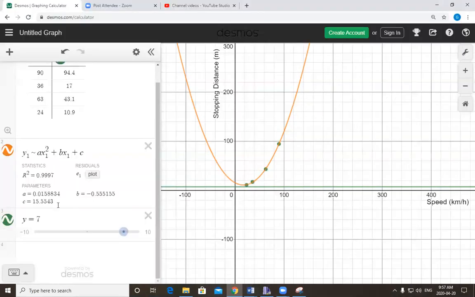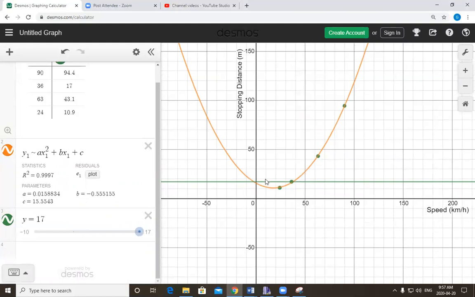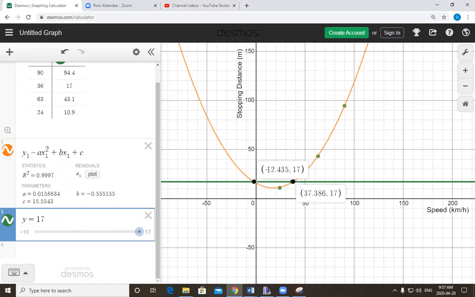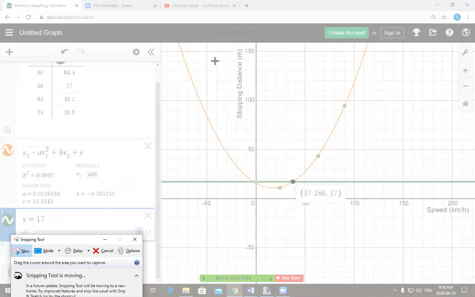So y equals 17. Okay. So we have one on the left and one on the right. So obviously it can't be the negative speed. So it would be 37 kilometers per hour. So we will snip the graph with the intersection point.